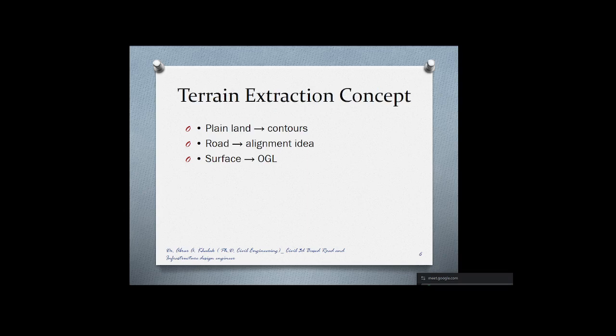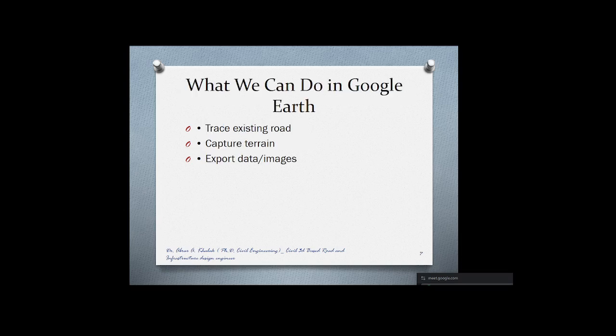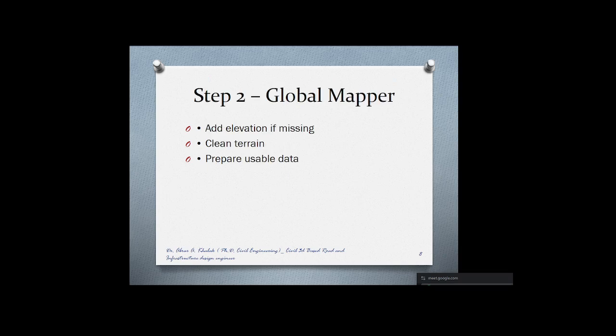The surface area is extracted from the terrain. In Google Earth, we can trace the existing road, capture the terrain, export the data images, and then go into Global Mapper.